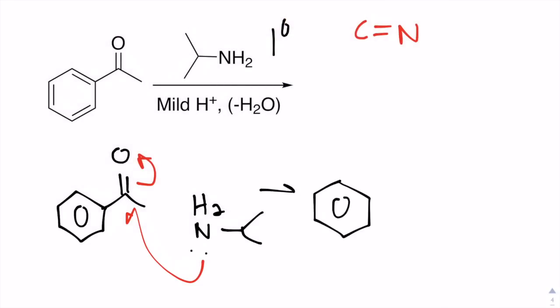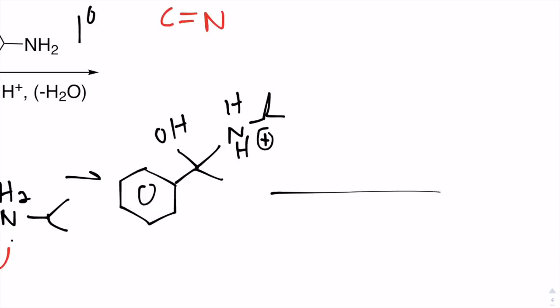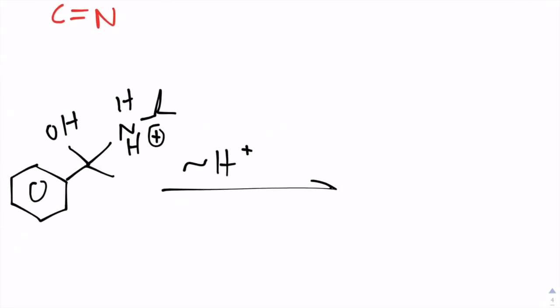I'm going to use my shorthand notation because I'm assuming you understand at this point what's going on. So we are going to form that plus H2. Here we're just going to do a series of acid-base transfers, removing the hydrogen from the nitrogen, giving it to the hydroxide group and resonating down.